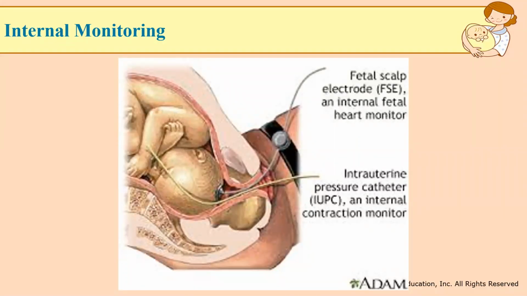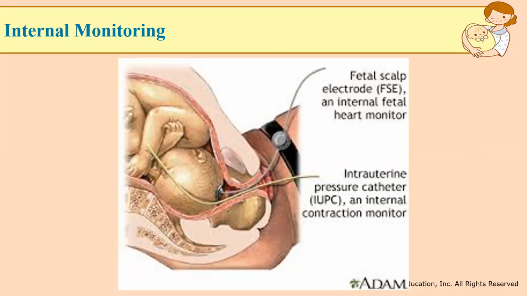These are internal fetal monitors. They are used to better monitor contractions or the fetal heart tones. Internal fetal monitors are necessary when the baby is having decelerations or there is meconium amniotic fluid, or if you just are unable to pick up the baby externally, they may be indicated.